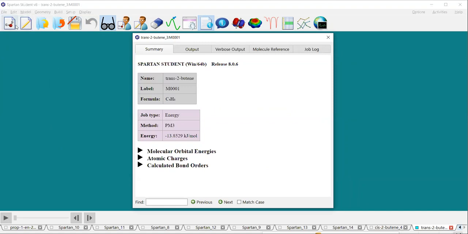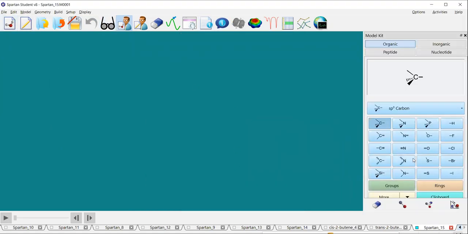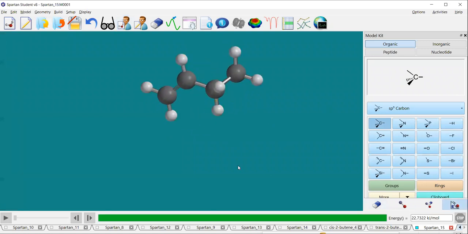Okay, now the last one, it is 1-butene. Here it is. I will minimize this molecule, and again submit it to calculations.